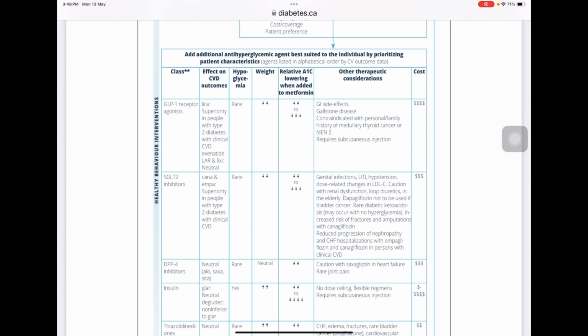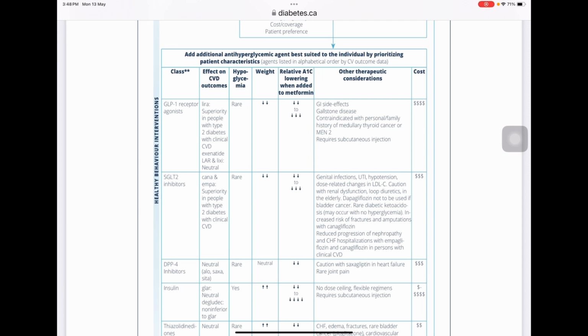Liraglutide, semaglutide, and exenatide, these are the drugs. Let's say semaglutide is Ozempic, the very famous one. So if the patient has a gallstone, do not give them Ozempic. If the patient has a family history of medullary thyroid cancer or MEN2, do not give Ozempic. GI side effect is one of the very common ones, and they require subcutaneous injections.